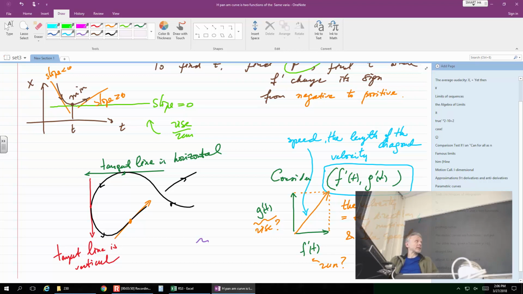But that's not what we want to deal with when we are dealing with a numerical or algebraic analysis. We have to separate x and y. So also kind of two numbers, but totally different numbers. Either it is what you see on this picture, f prime, g prime, two numbers for x and for y, but what the reality is, what we care about is this, the speed, the length of that line, and this angle.